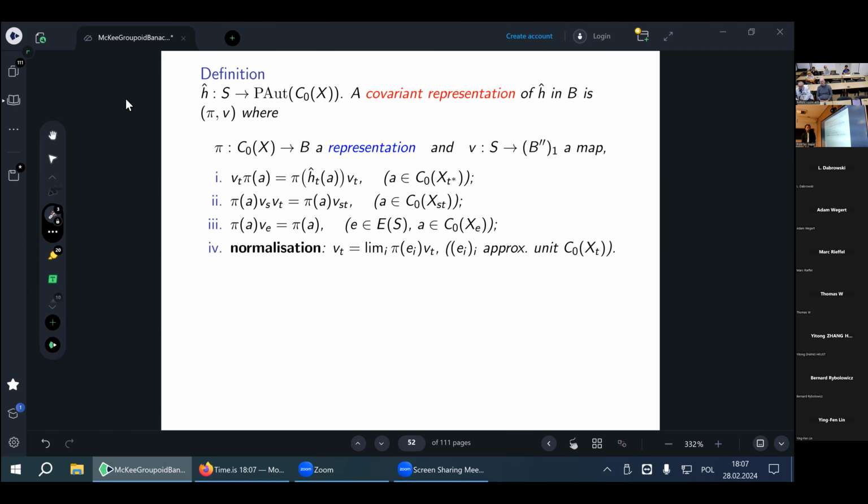And the fourth thing is what we call a normalization condition. It says that if we have an approximate unit in the right space, then VT should be the limit of this thing. So what we want to say is that if XT is compact, so this thing is unital, then we want I of 1 XT VT should be VT.